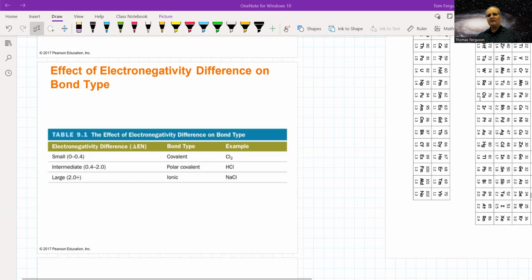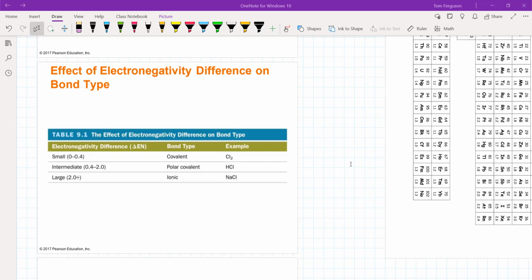Okay, I want to continue on from yesterday. Now we're having two full chapters on bonding. I mean, it's a big, big topic. The dry lab today is going to be practice.